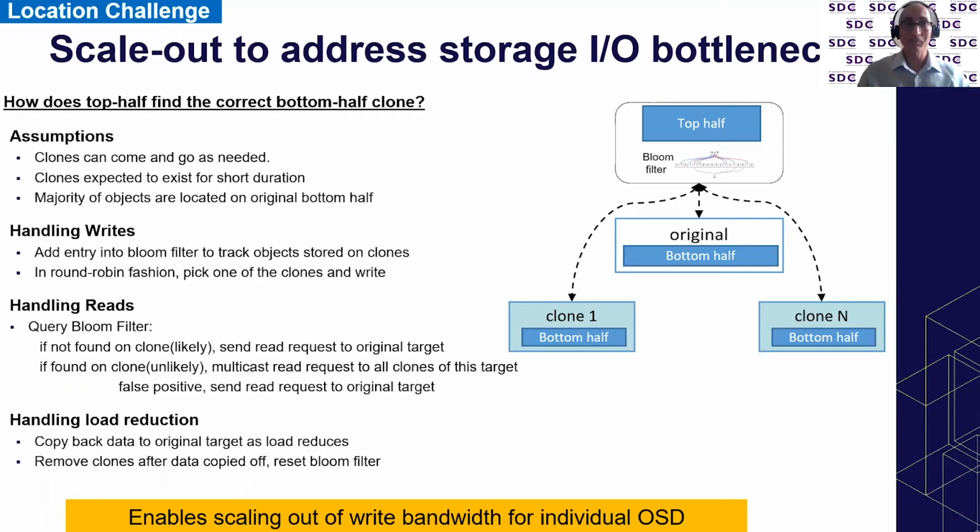Now, the last part that remains is how do you handle reduction in load? The OSD top half will see that the write burst is done. The original target is keeping up easily. And so at this point, it wants to reduce the load. The first thing it needs to do is choose one of the clones and issue a command to copy off all the data that was written temporarily on this clone to the original target.